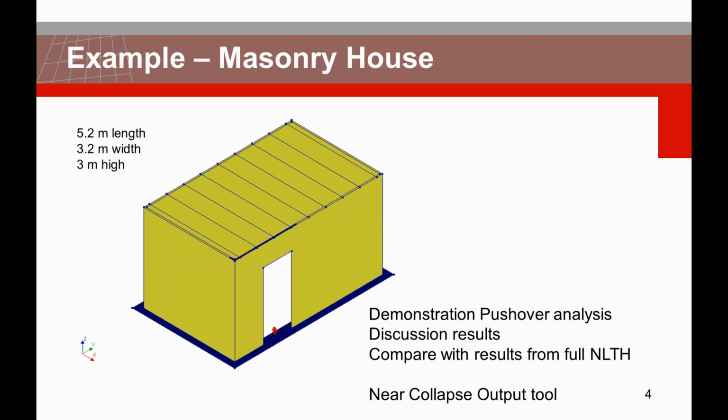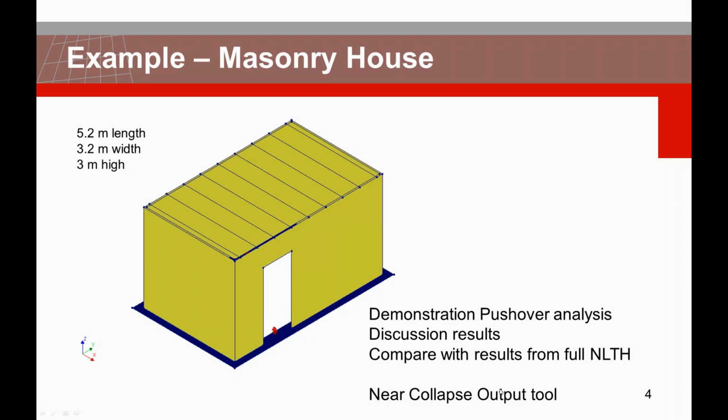I'm going to demonstrate a pushover analysis until failure to determine the resistance of this house. And at the end, I would also like to show the results of a full nonlinear time history analysis and compare with the pushover analysis.